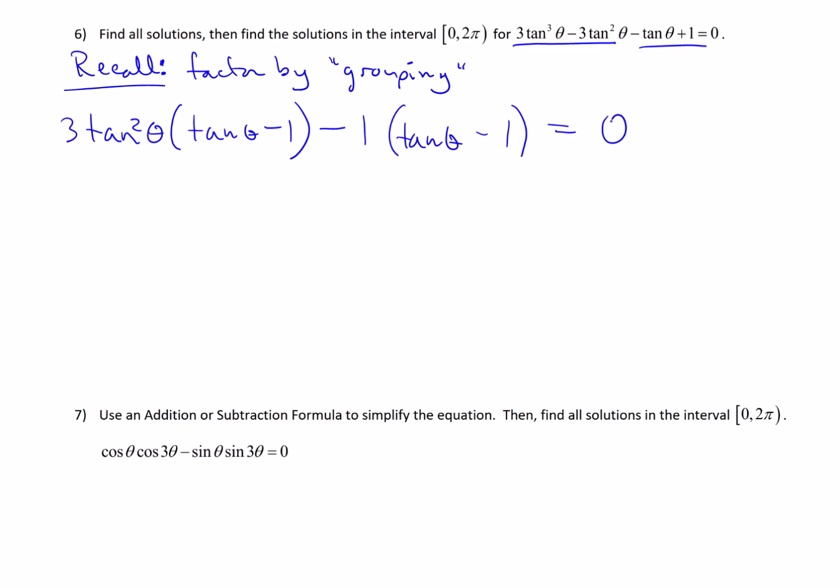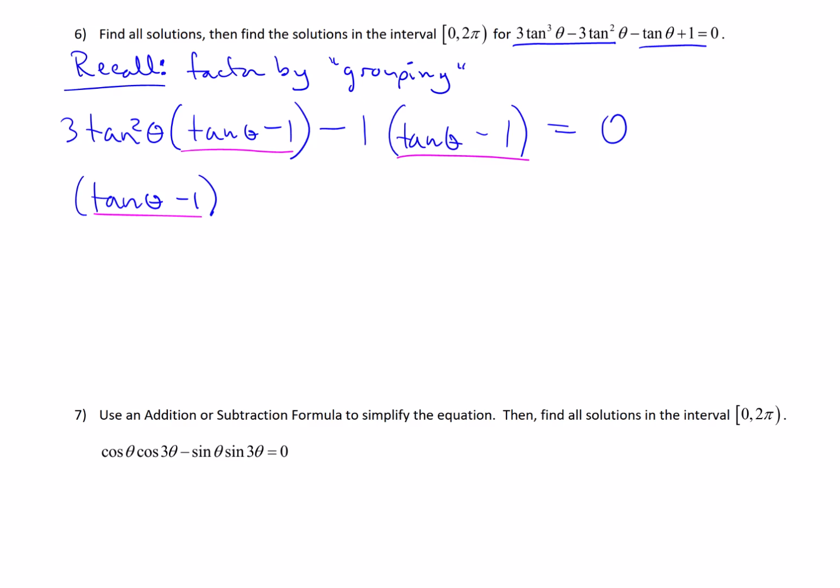Now, as you'll recall from factoring by grouping, it's a good sign if the parentheses that you've just created by factoring each group match, and they do. So what that means is we can factor that matching set of parentheses out in front. I'm just going to write that as tangent theta minus 1 in parentheses. That's just what was common at that previous step.